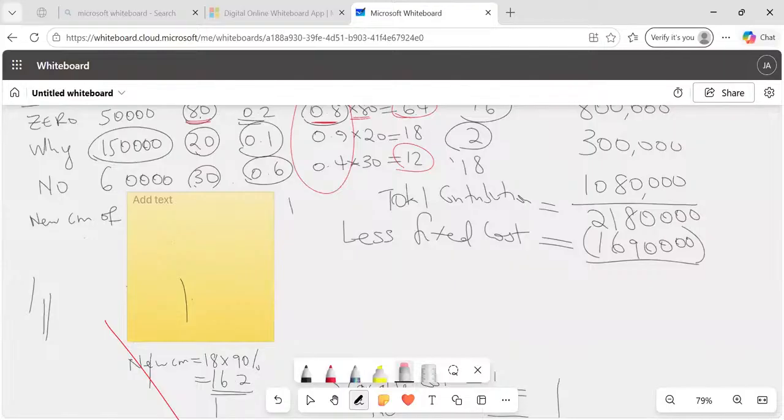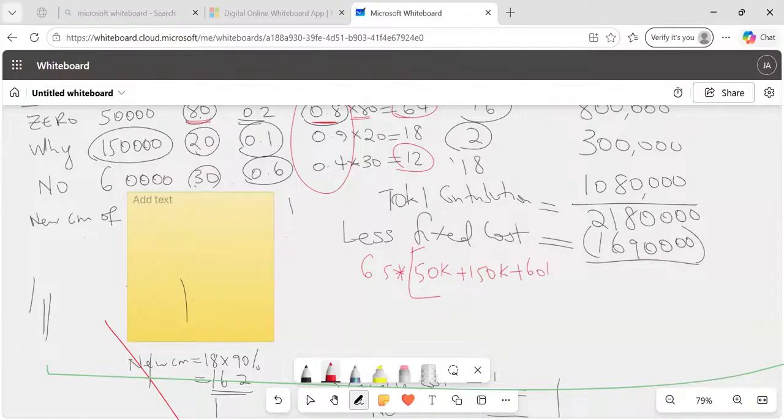So it will be 6.5 times all the units that we have: we are producing currently 50,000 of O, plus 150K of Y, plus 60K. K stands for thousands.